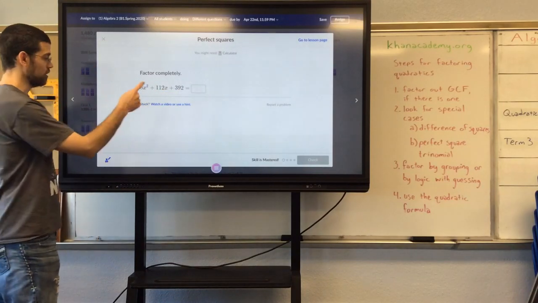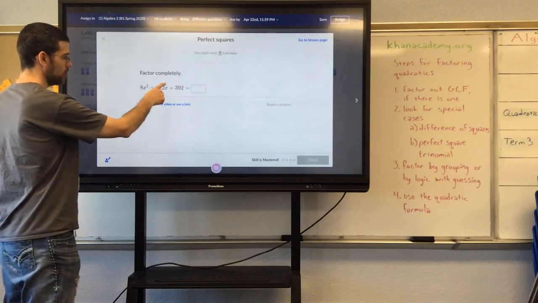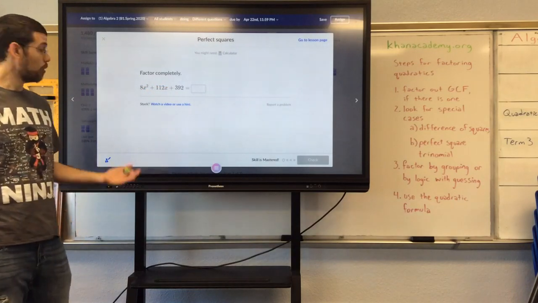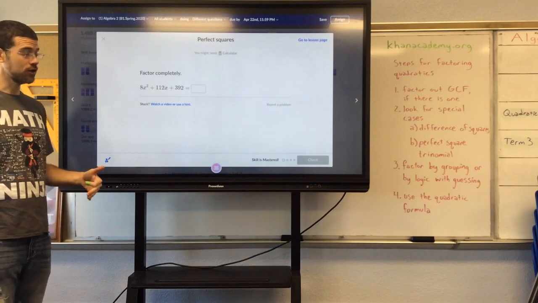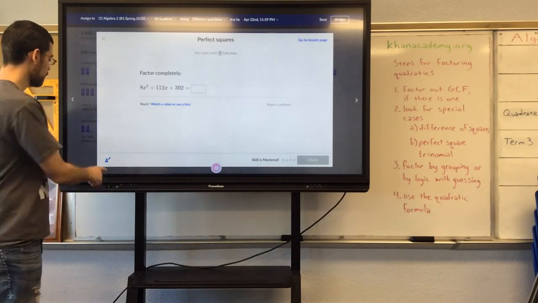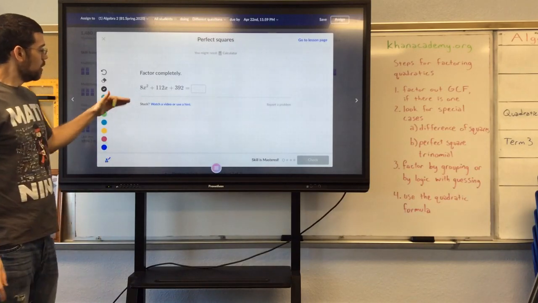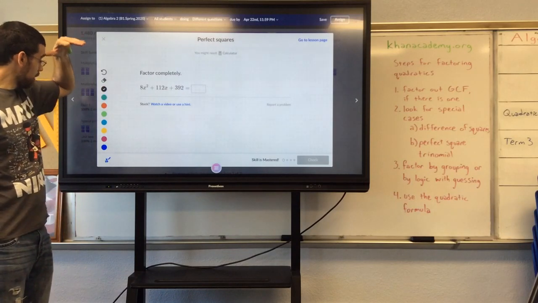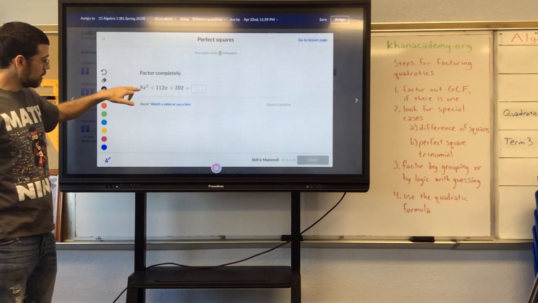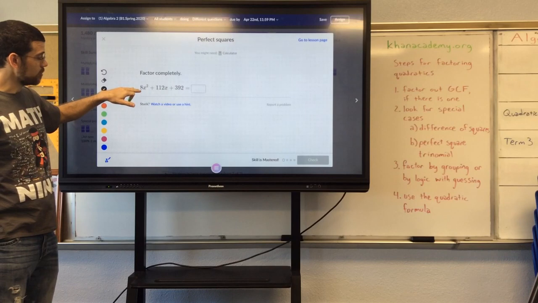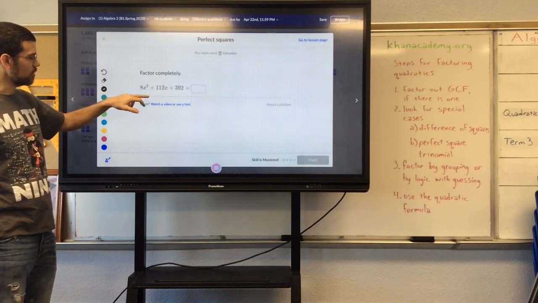And we look at the coefficients now. 8, 112, and 392. Those are all even, so I can for sure divide them all by 2. Are they divisible by 4? Well, 8 is, certainly.